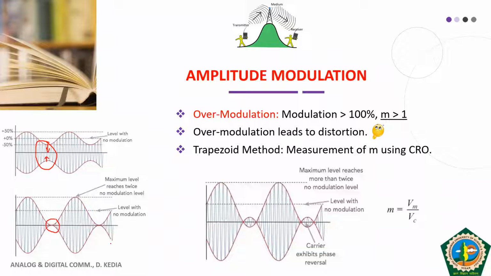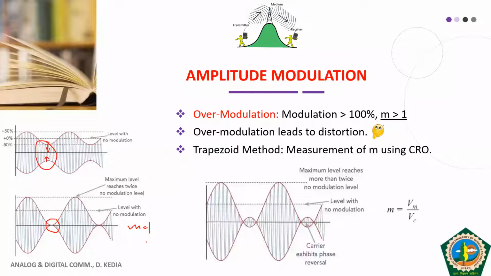So here 100% modulation has taken place, and the value of m equals 1. Your negative peaks just touch each other, which means there is no carrier at this instant of time. That's why we say the value of modulation index lies between 0 and 1.